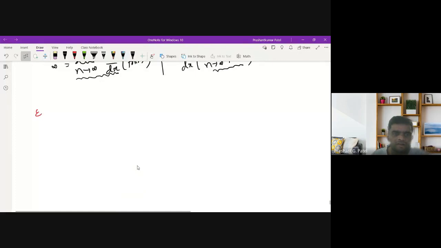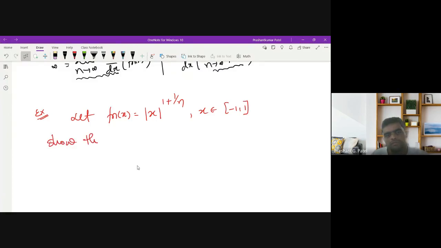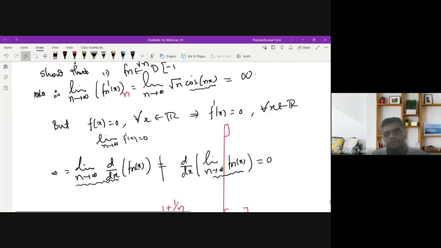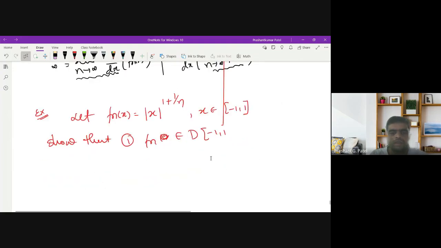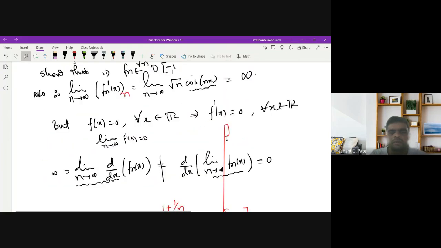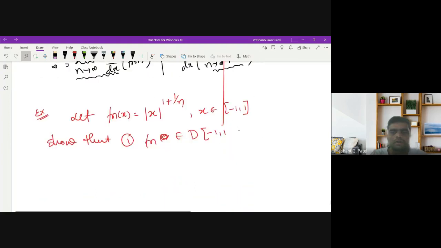Let us write that example again here. Let fn of x be equal to mod of x raised to 1 plus 1 by n, x belongs to minus 1 to 1, so that first, fn belongs to D of minus 1 to 1, where D is the set of all differentiable functions from minus 1 to 1.